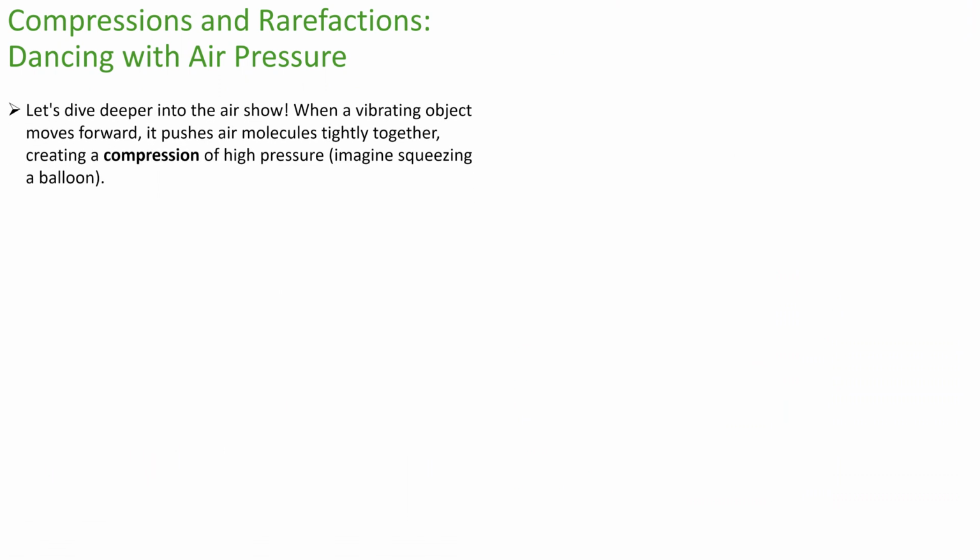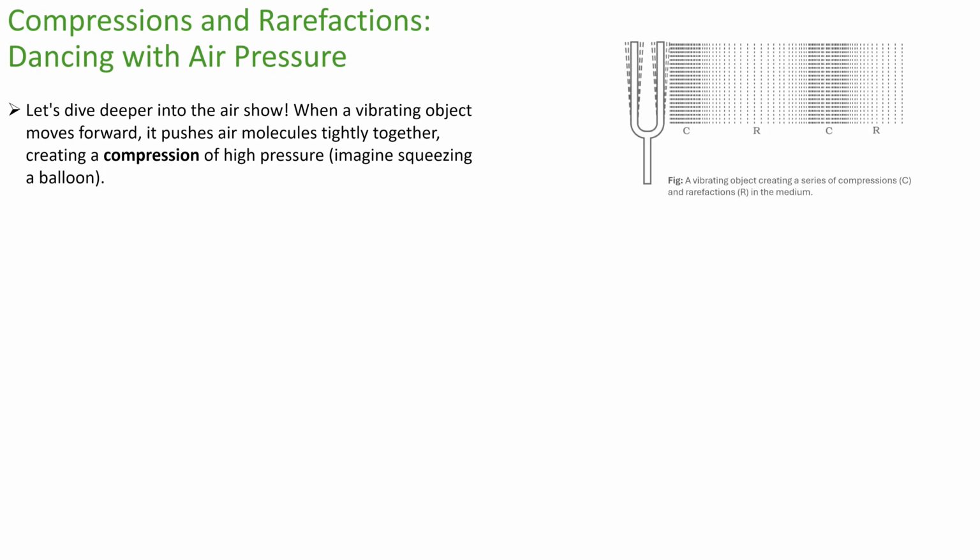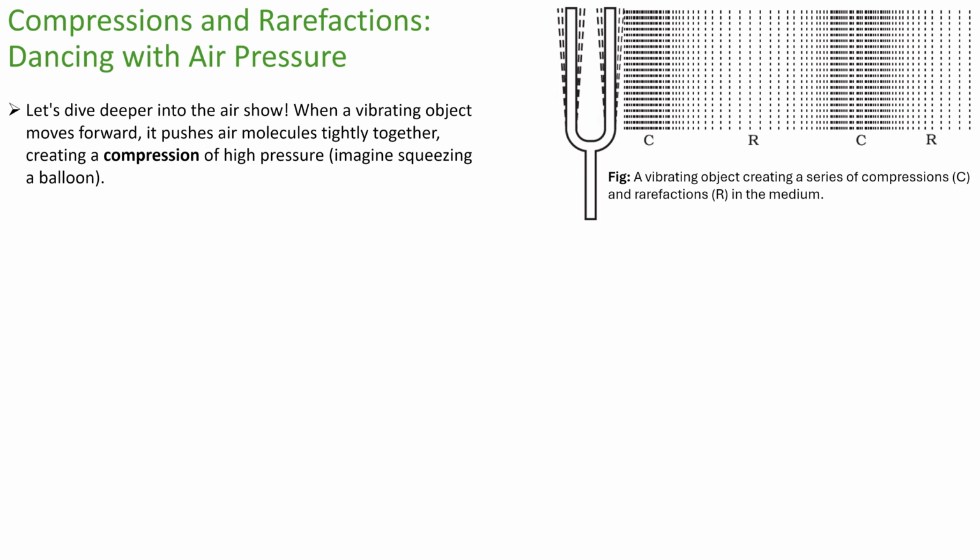Okay, now let's deep dive into air. When a vibrating object moves forward, for example, think of a prong, assume it moves to the right side. It pushes air molecules tightly together, creating a compression of high pressure.